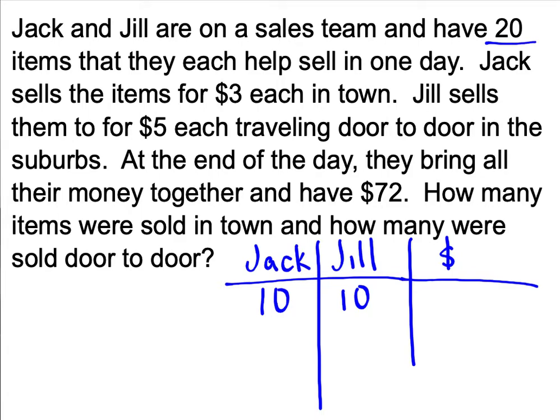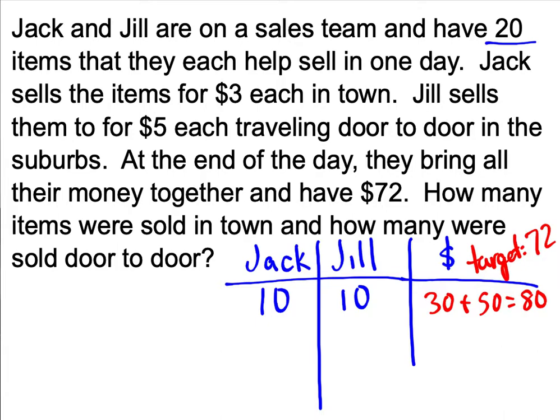And let's see what that gives us. Well, Jack's selling $3 each in town, that's $30. And Jill is going to make 10 times 5, $50. That's $80. So that's a little bit too much. Our target is to get $72.